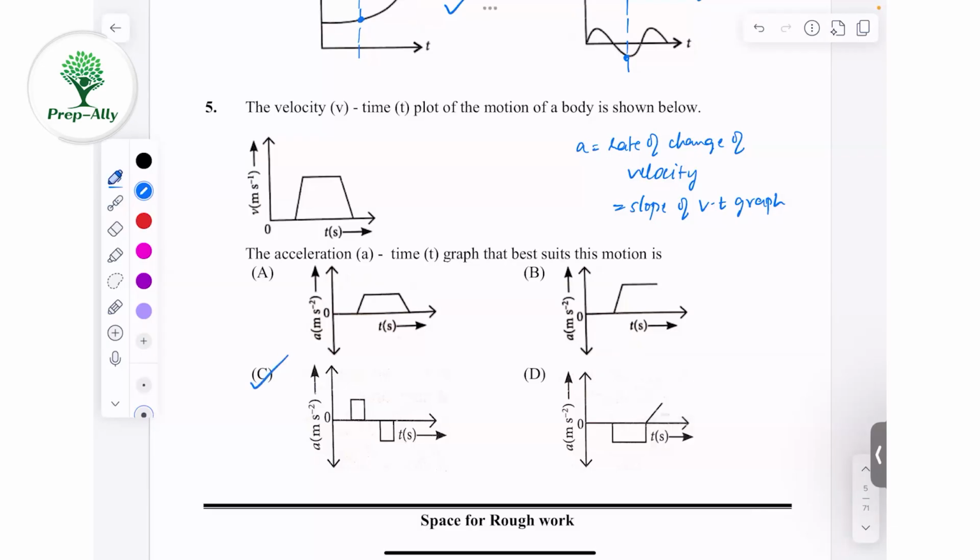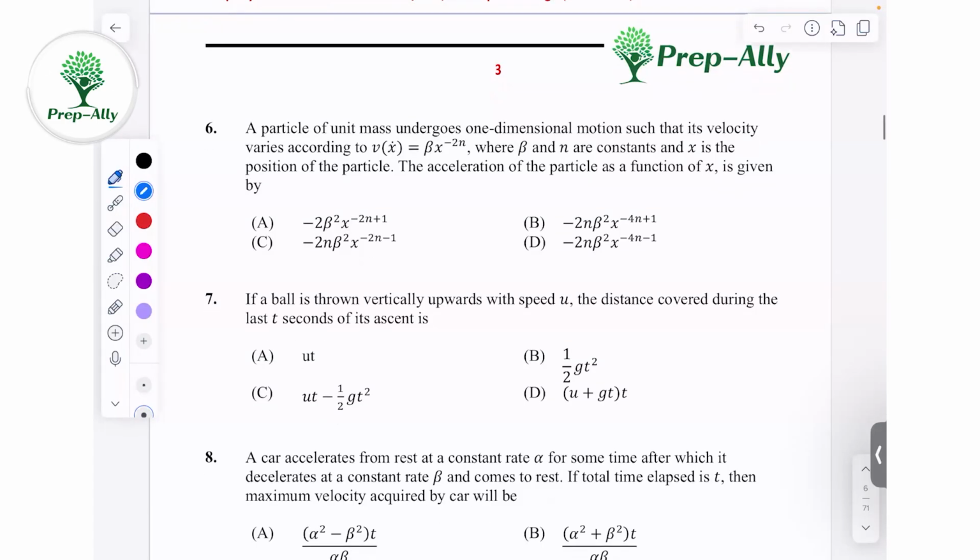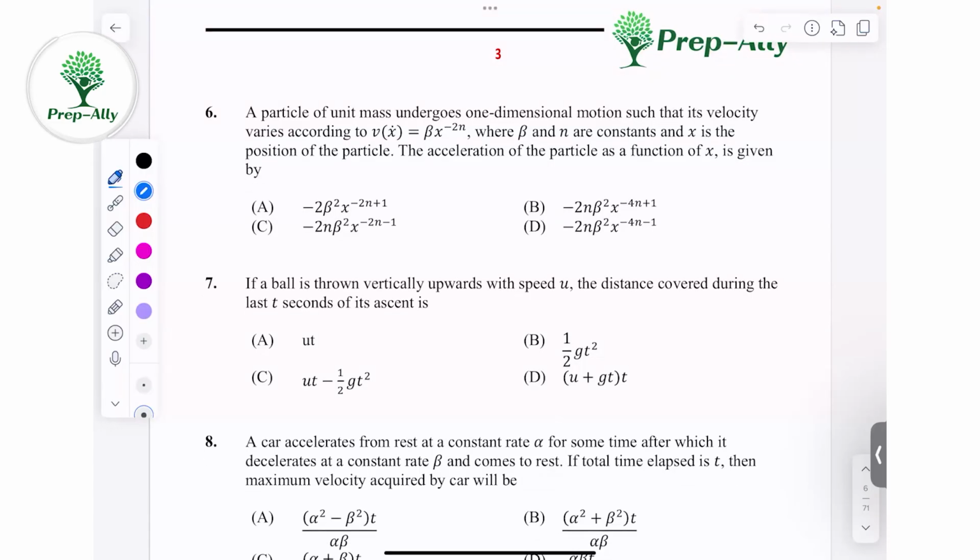Okay. A particle of unit mass undergoes one-dimensional motion such that its velocity varies according to v of x equals beta x to the power minus 2n, where beta and n are constants and x is the position of the particle.